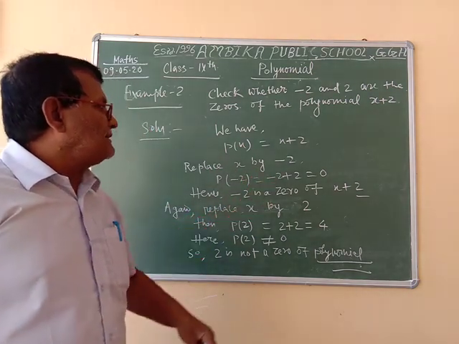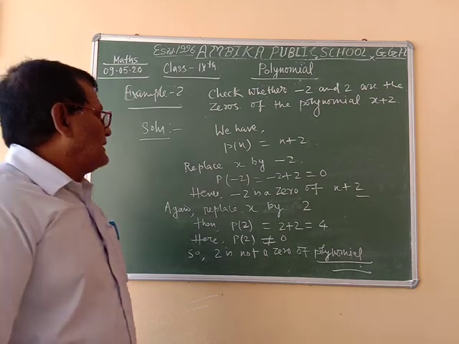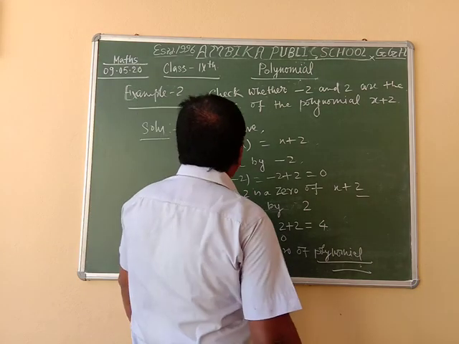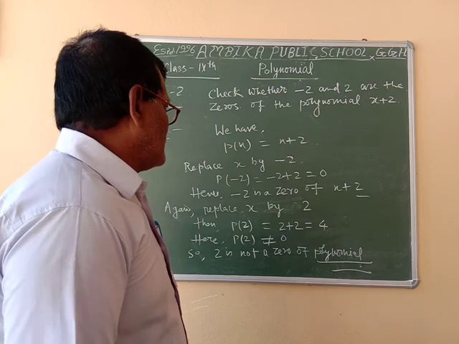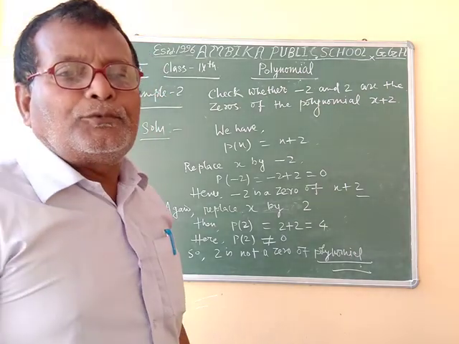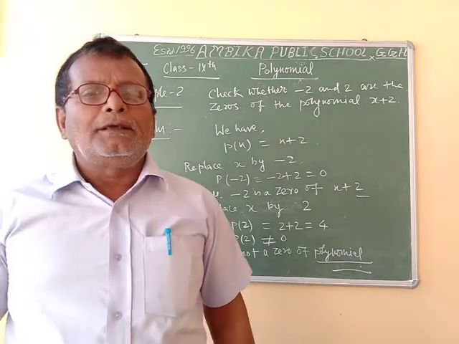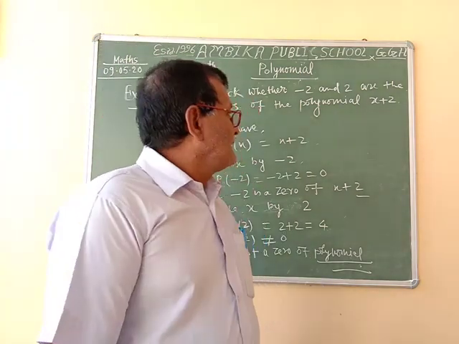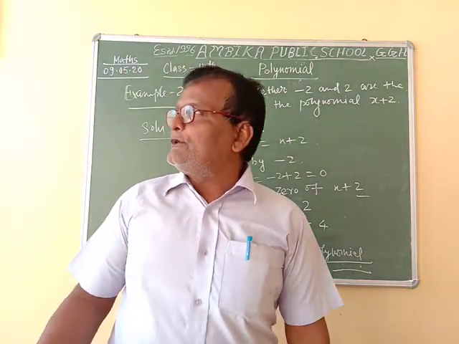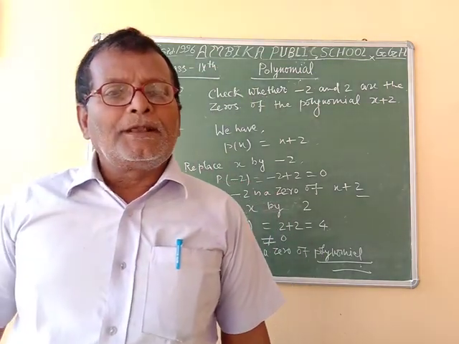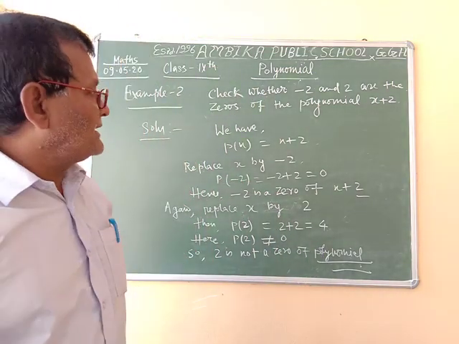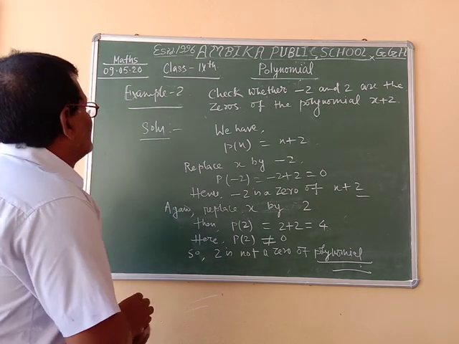If the result is 0, then the value of x is called a zero of the polynomial. Let P(x) be a polynomial, if P(alpha) is equal to 0, then we say that alpha is a zero of the polynomial.